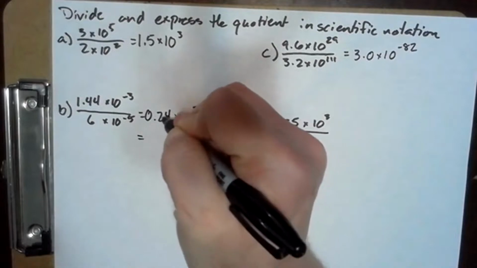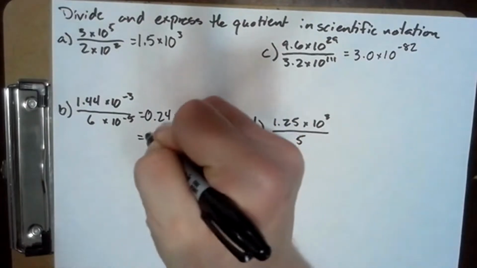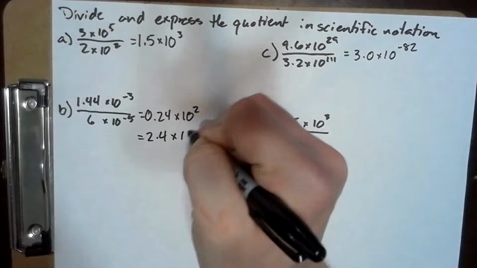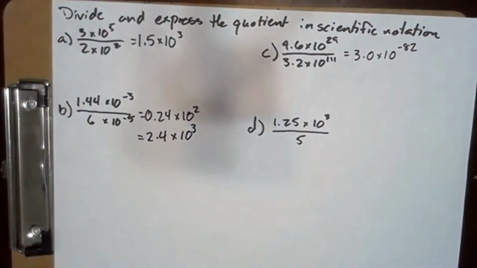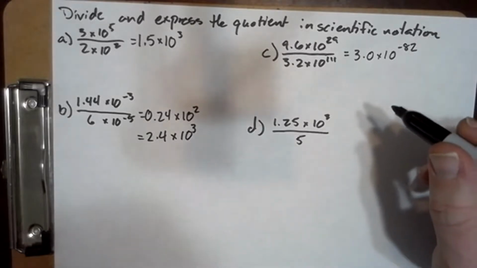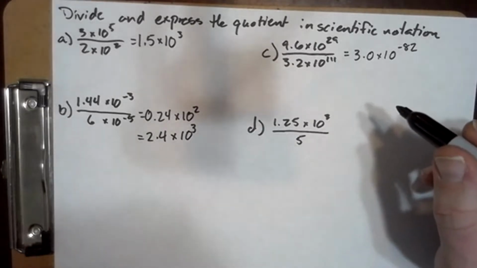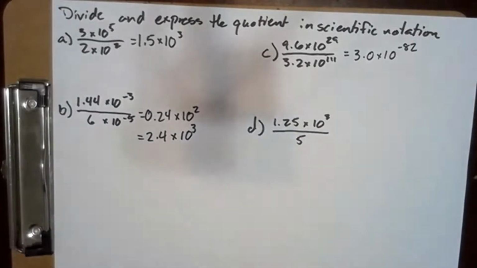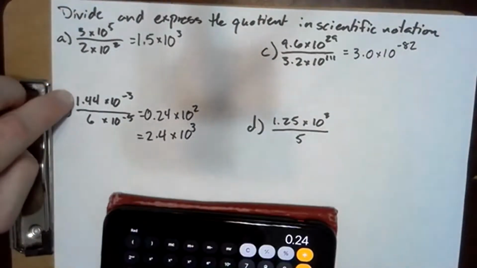Okay, so now we need to move this over 1, 2.4 times 10 cubed. I want to double check that one. I'll write this as in standard form.